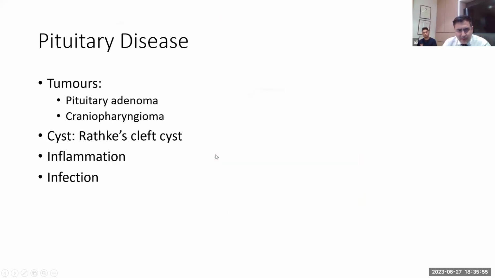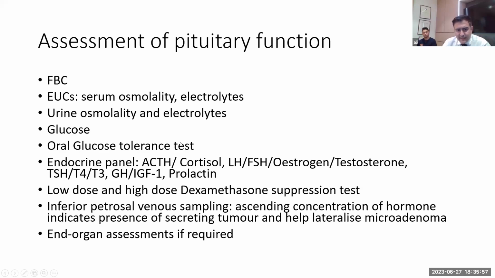So in general, how do we assess pituitary function? I briefly mentioned these, and then I'll go through their relevance and elaborate on the subject more as we present some cases.